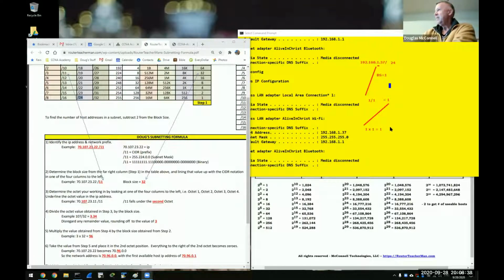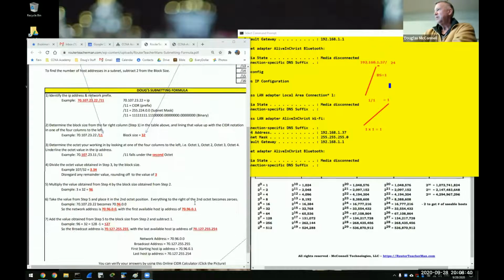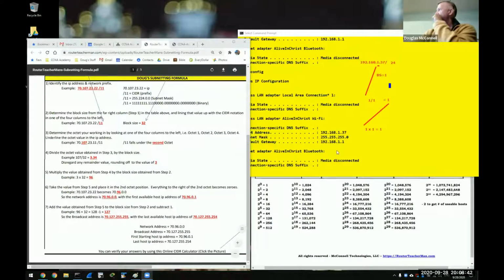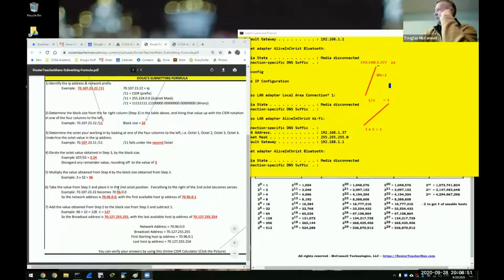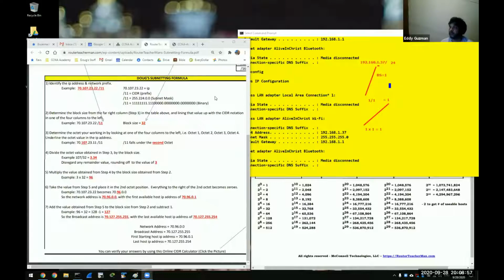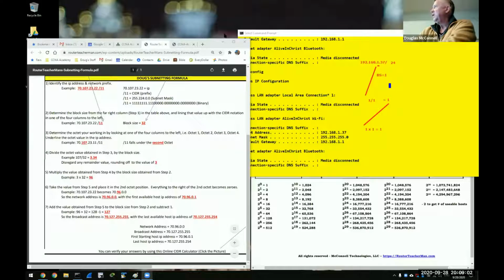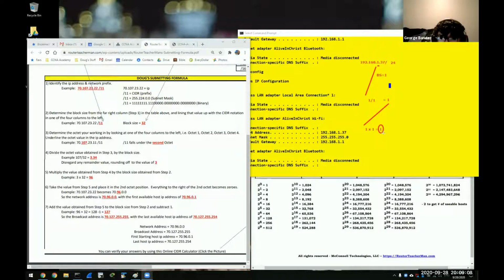All right. So step number 6. Take the value from step 5 and place it in the second octet position. No, that's from the other problem. We're in the third octet. Oh yeah, right, the third octet position. So we take this value, the 1.